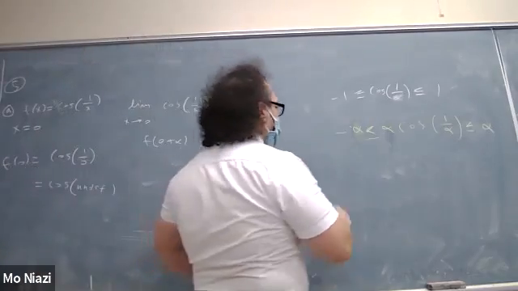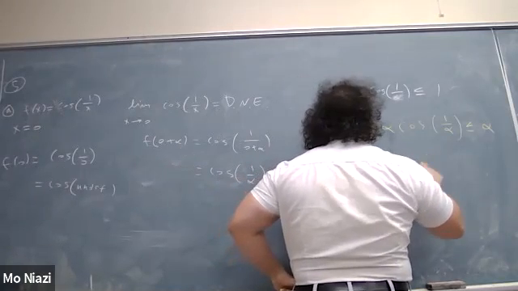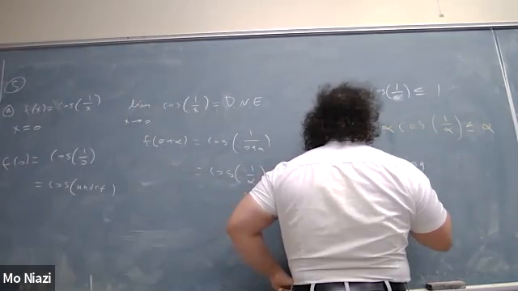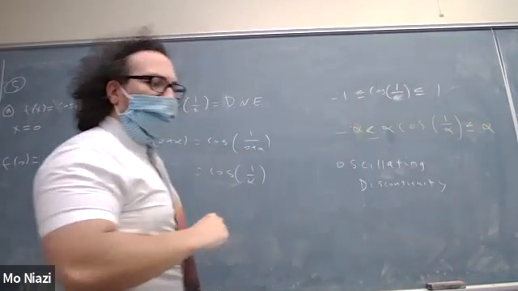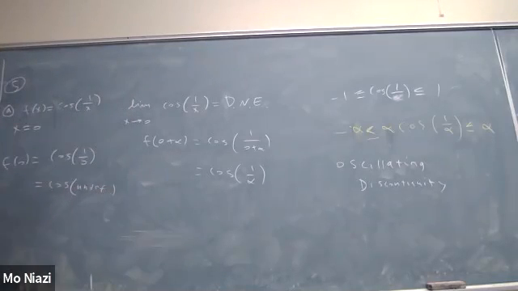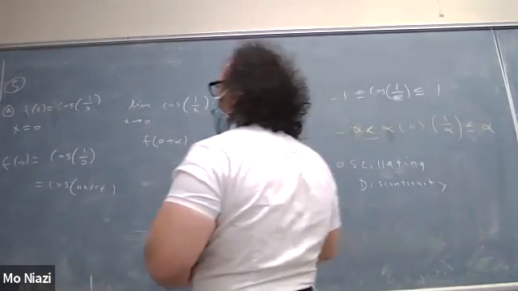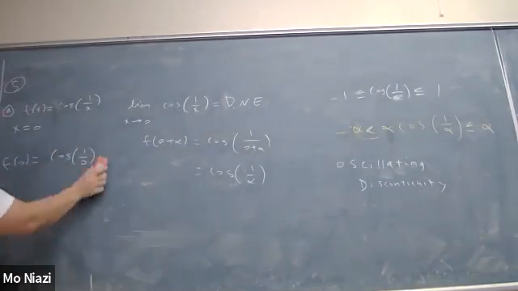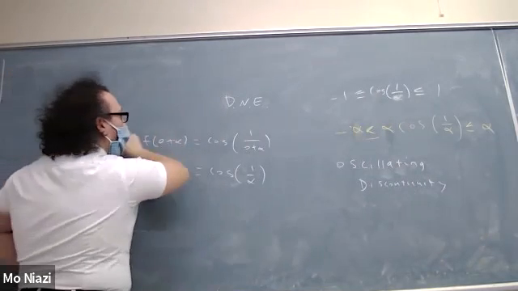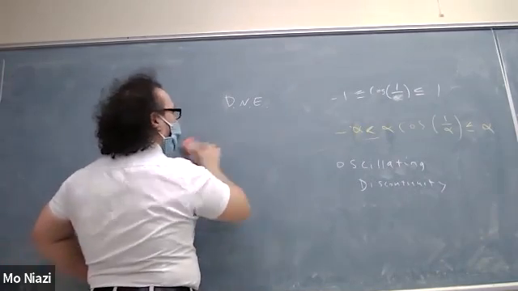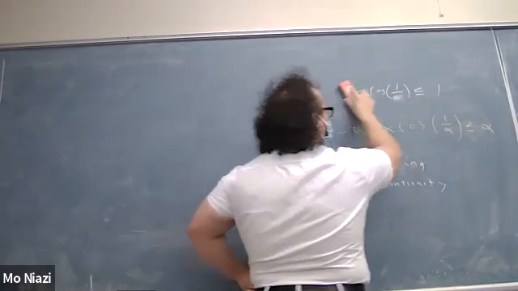So this is an oscillating discontinuity. I believe that's in your book. I believe oscillating discontinuities were in your book. It means that the function jumps up and down in value because cosine is going between -1 and 1.